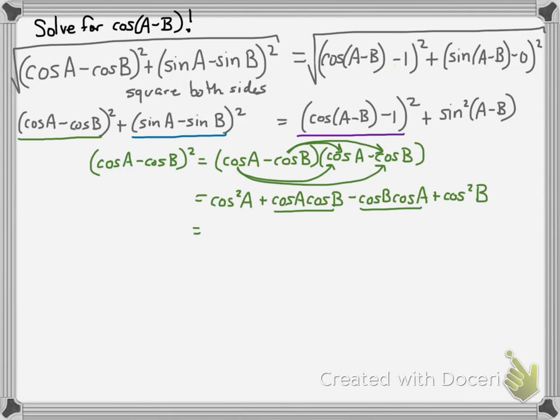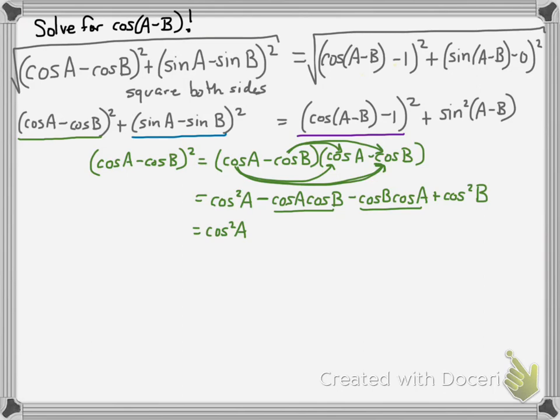That guy right there, when I did cosine of A times negative cosine of B, that should have been a minus sign. Okay, so what I end up having here is cosine squared A, and then I'm going to combine the two middle terms because those are equal even though they're in the opposite order.